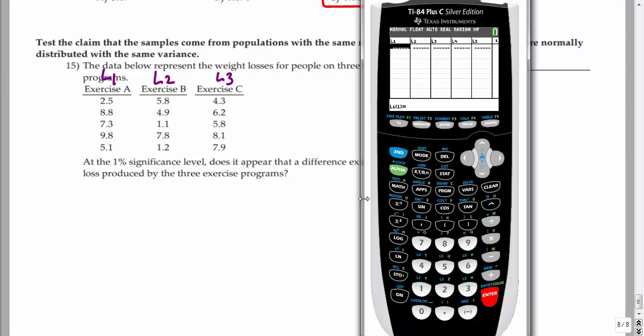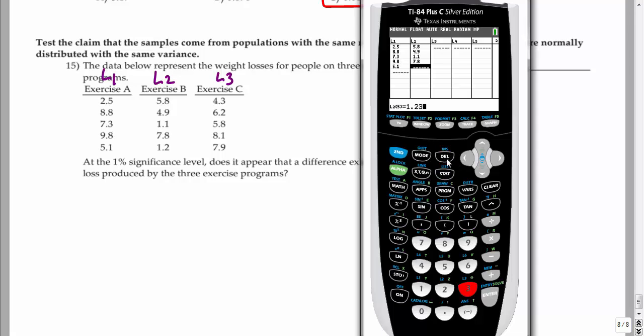Okay, so let's go ahead and enter exercise A in L1. So I'll have 2.5, 8.8, 7.3, 9.8, 5.1, 5.8 and 4.9, 1.1 and 7.8, and 1.2.